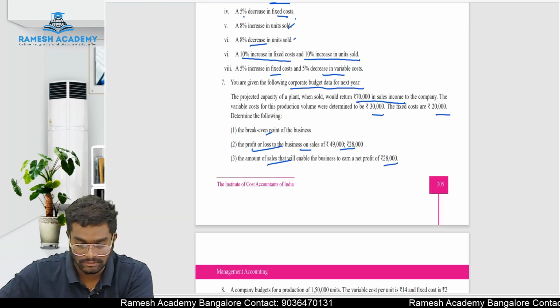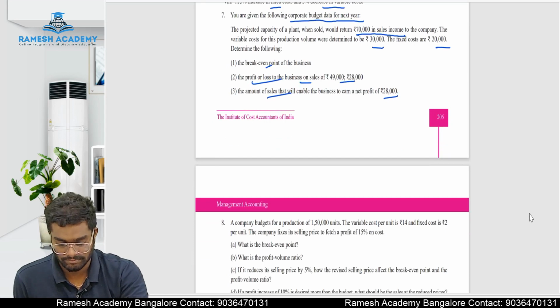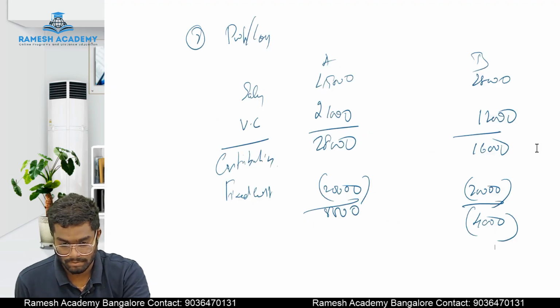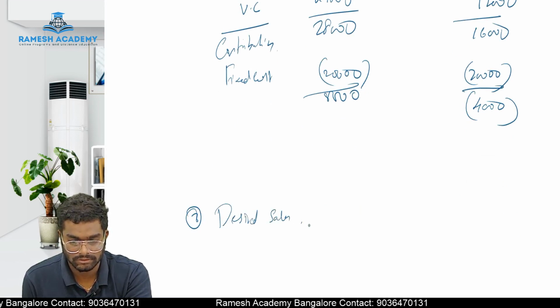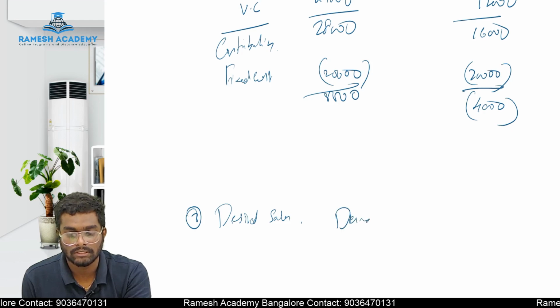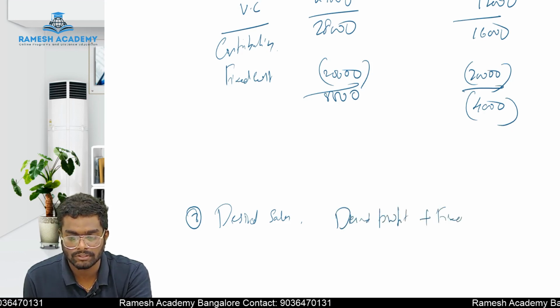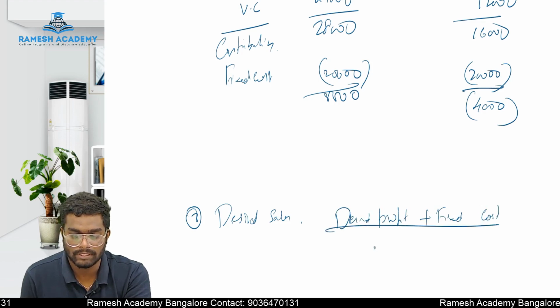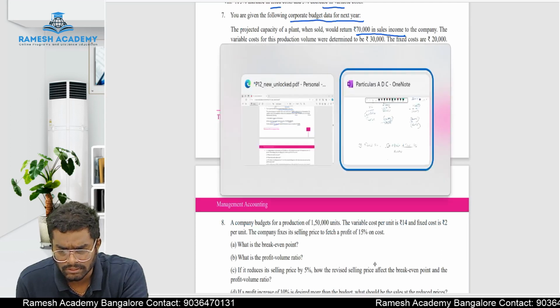Next I'll solve the third one and give time to write. So it is desired sales, simple. The formula is desired profit or income plus fixed cost divided by the PV ratio. Desired profit is 28,000.